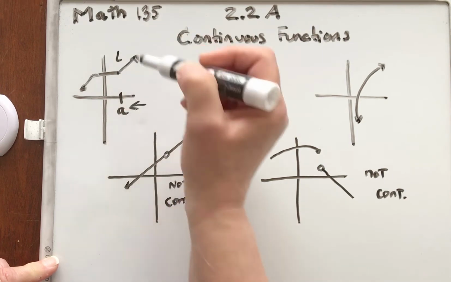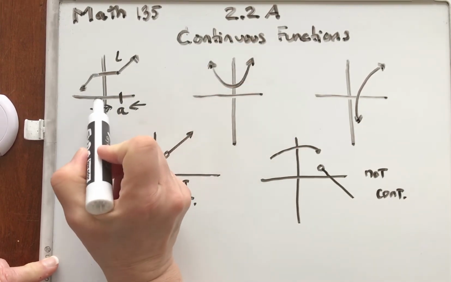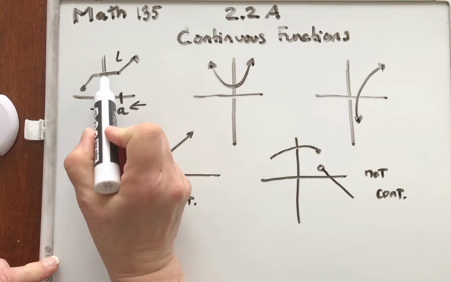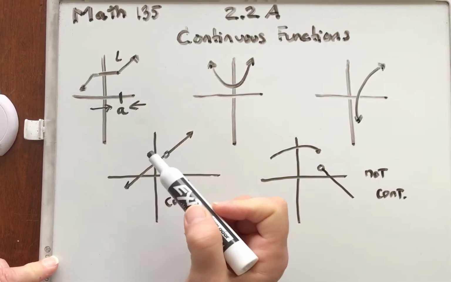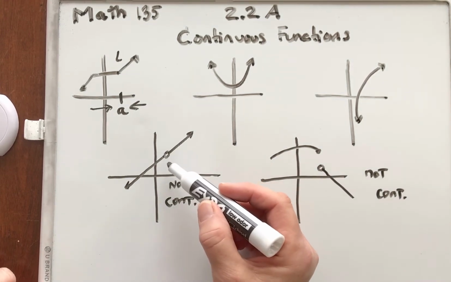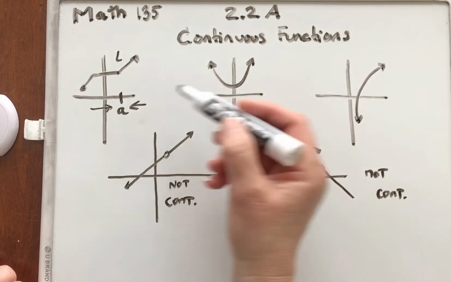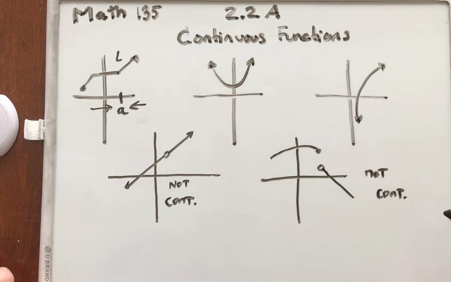So that's the limit. And going from the left, here we have points going towards A, and we get to that same point. So any continuous function, the limit exists. Now here the limit does exist, but it's not continuous. What we're trying to say is any continuous function, the limit does exist.